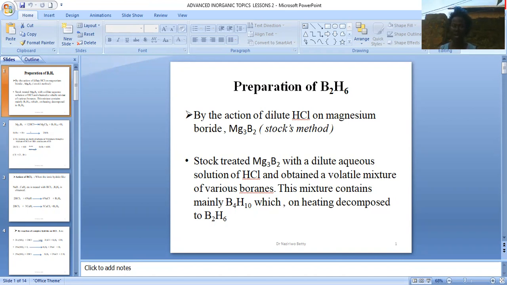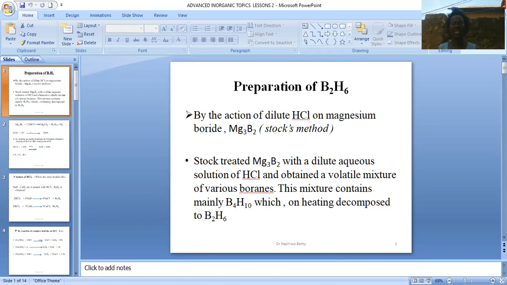For example, if there are 4 boron atoms and 10 hydrogen atoms, that borane is named tetraborane 10. If there are 5 boron and 11 hydrogen, then that one is pentaborane 11, and so on.